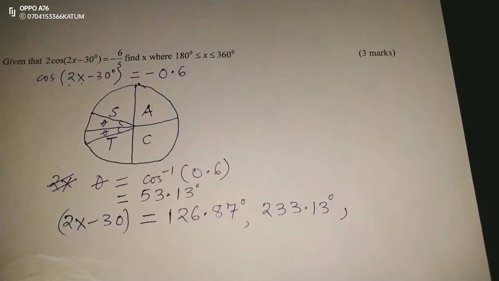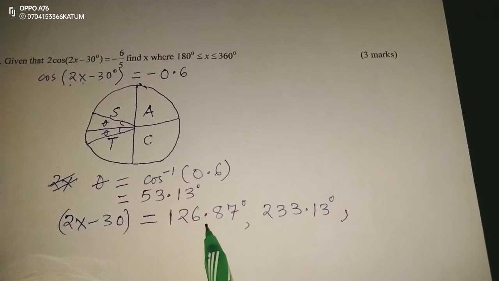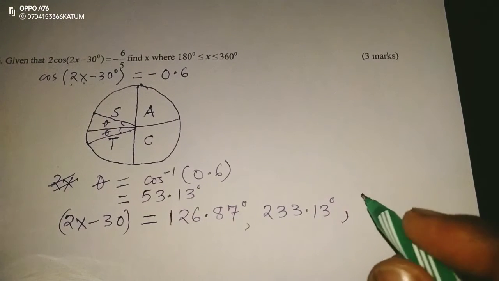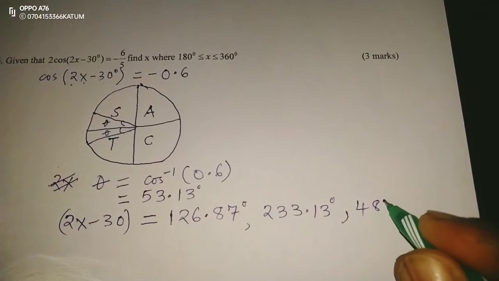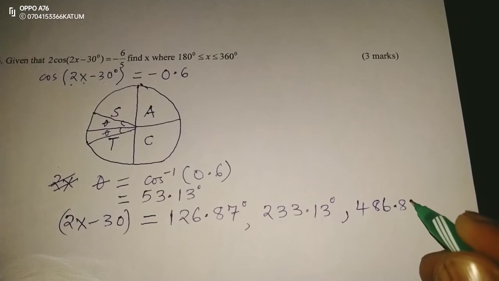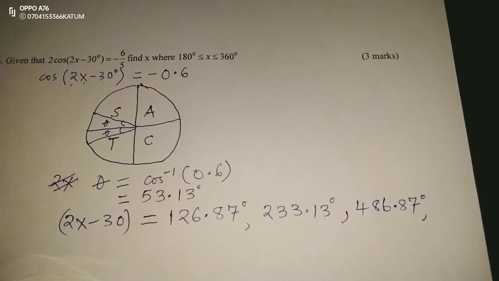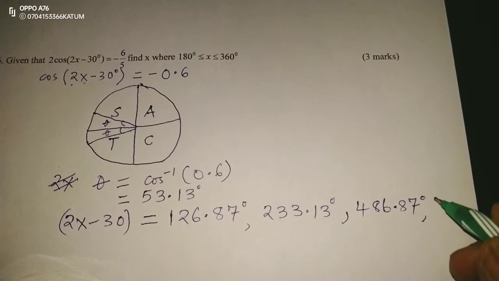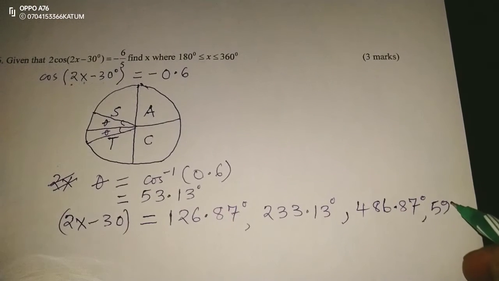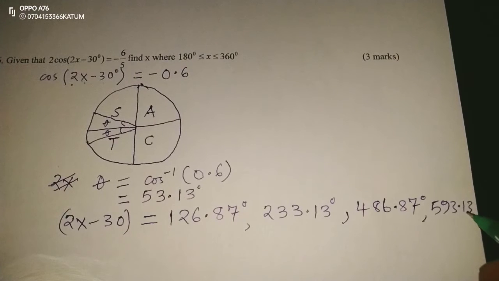If we go another rotation within the unit circle, 126.87 becomes 486.87 degrees. Then 233.13, going another cycle, becomes 593.13.